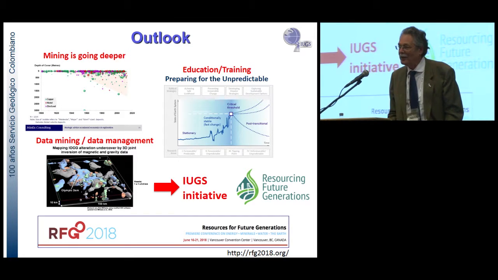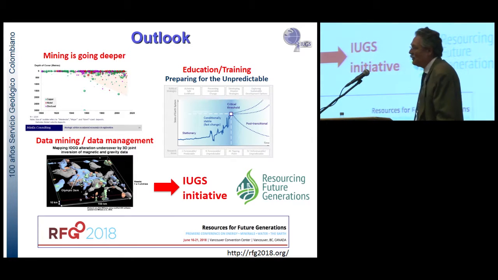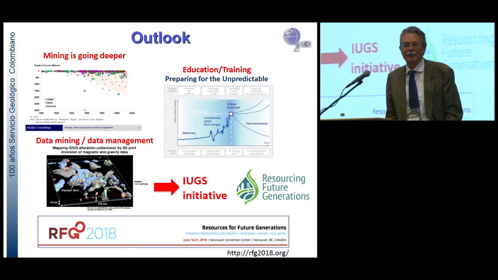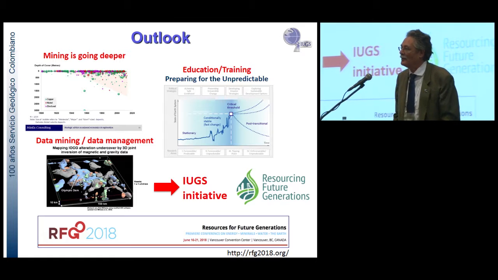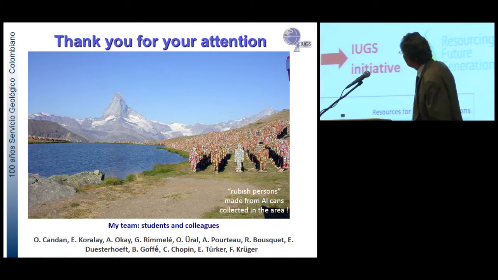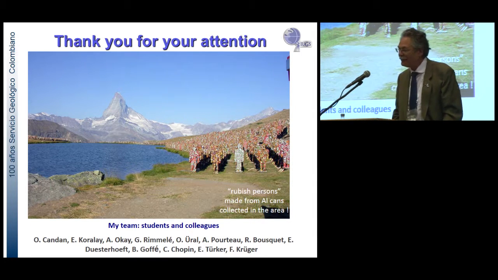And I invite you to think about being present there, because Colombia is on both the resources side as well as on the geodynamic side, a very interesting country. And as far as we have seen up to now, there is a lot of contributions that could come from this country. And with this, I thank you for your attention.